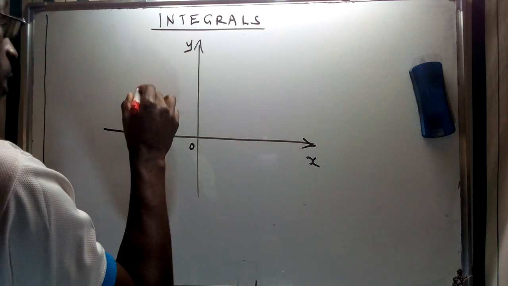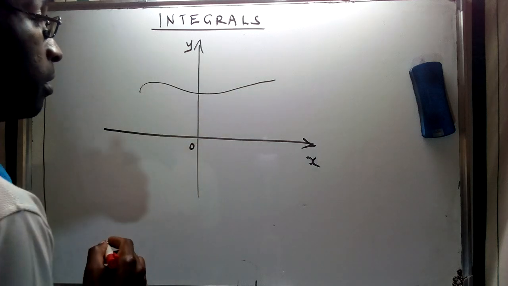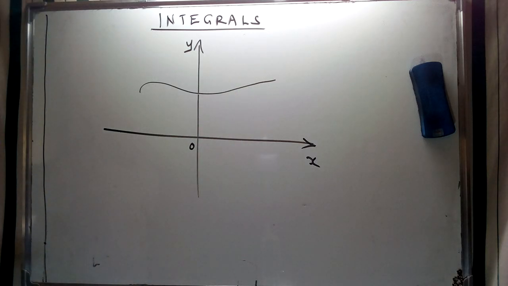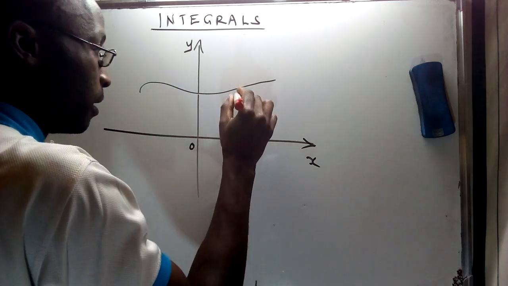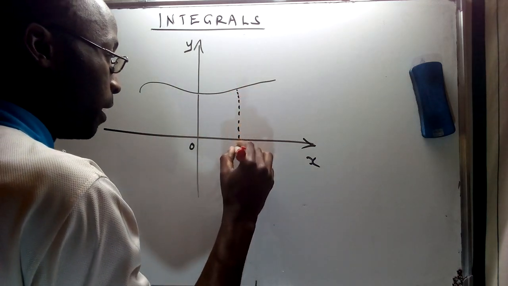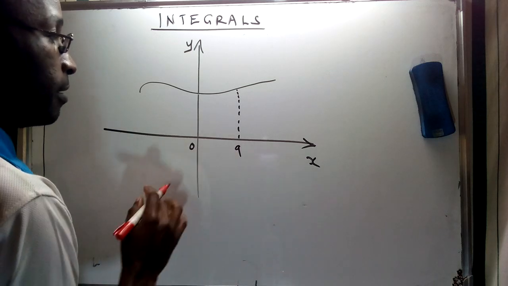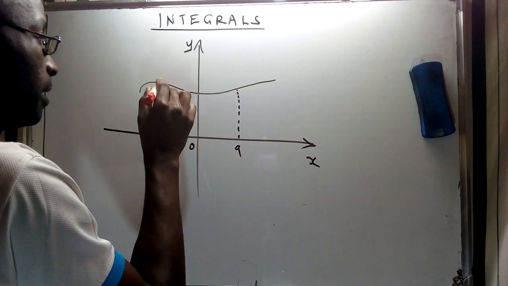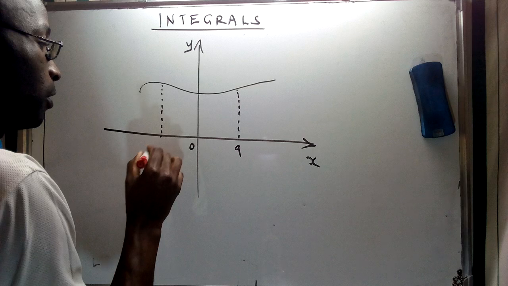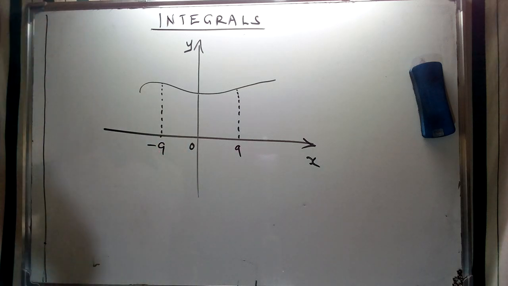Suppose we have a function that is continuous and integrable over closed intervals, and I'm going to give this as an extension of a along the positive x-axis, and an equivalent extension of negative a on that x-axis.